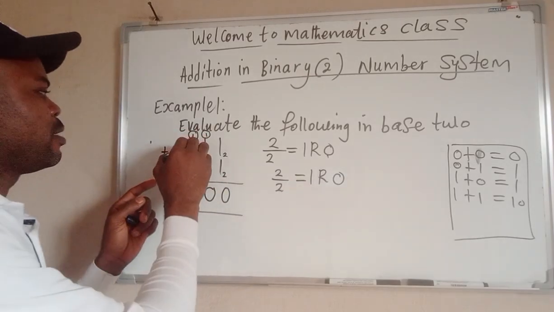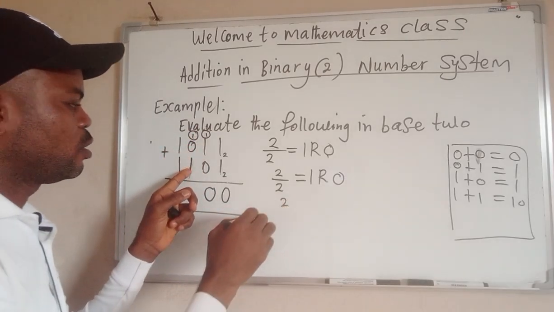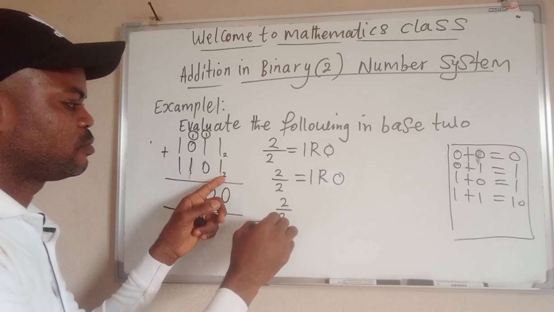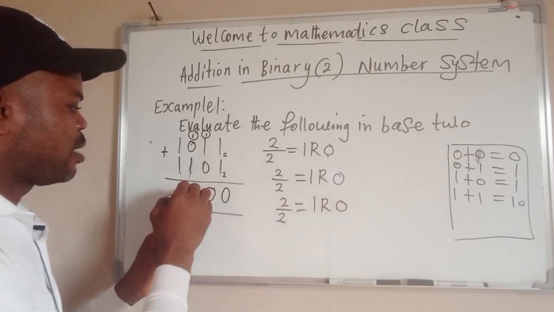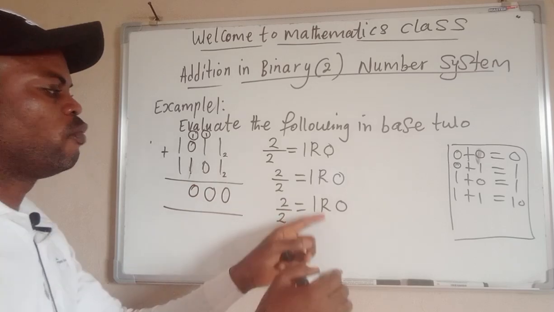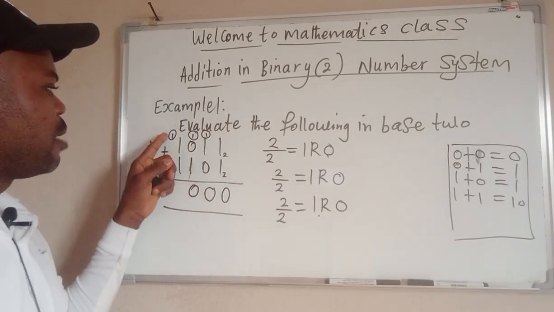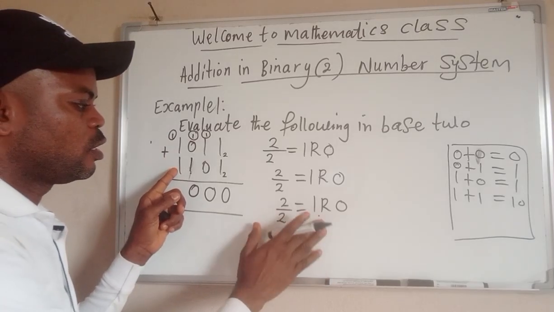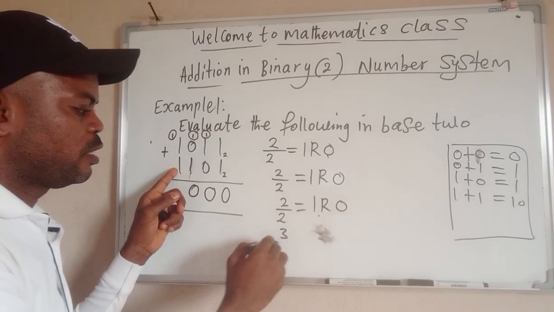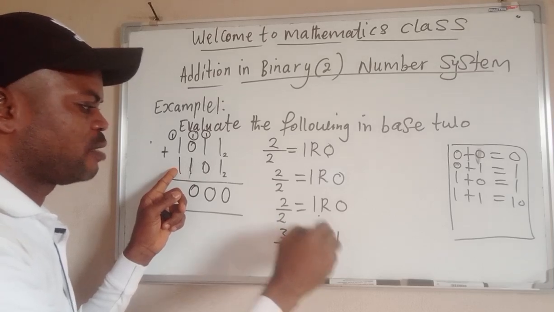So we're going to add the 1 again. 1 plus 0 plus 1 gives you 2 again. 2 divided by the base gives you 1 remainder 0 again. So you write down the 0 and carry the 1 over to the next line. Now watch this. 1 plus 1 plus 1 gives you 3. 3 divided by 2 gives you 1 remainder 1.